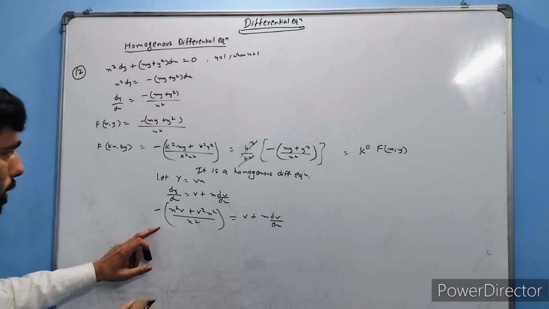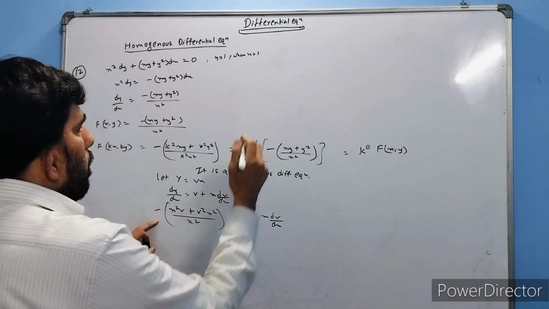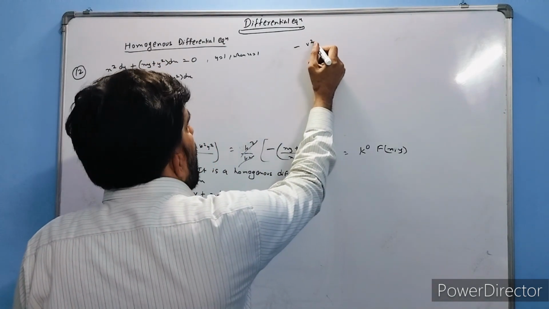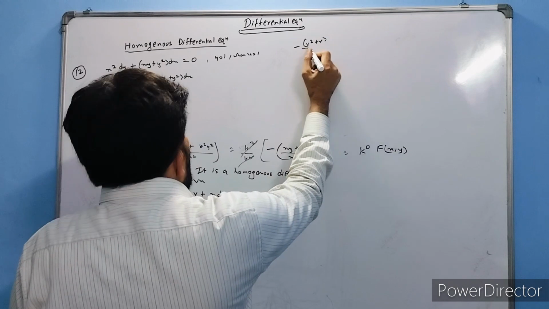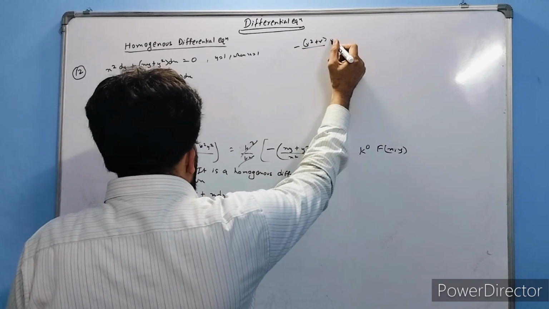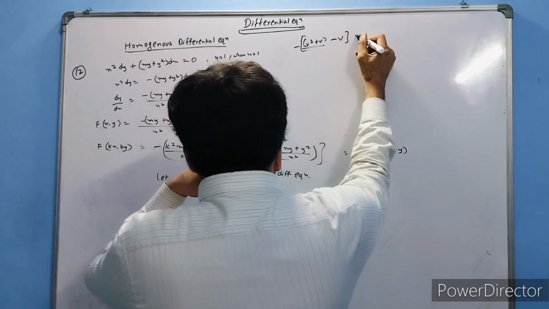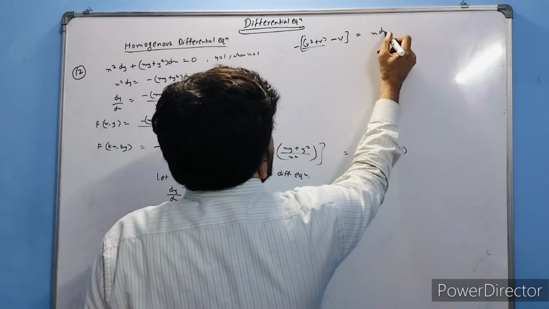So now what we can do? Eliminate x square from both numerator and denominator. Now we have minus v plus v square upon 1, and we will try to solve this, is equal to x dv upon dx.